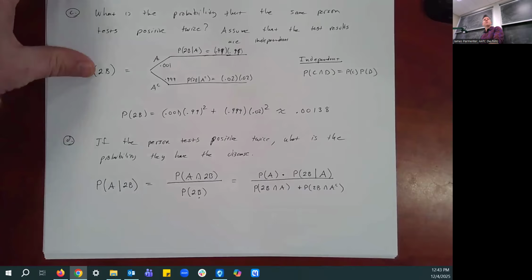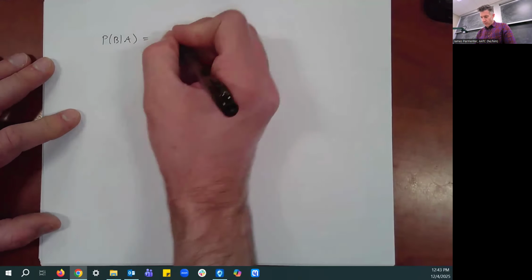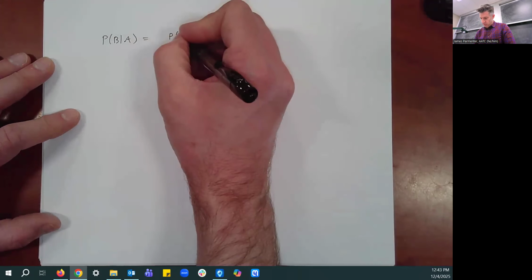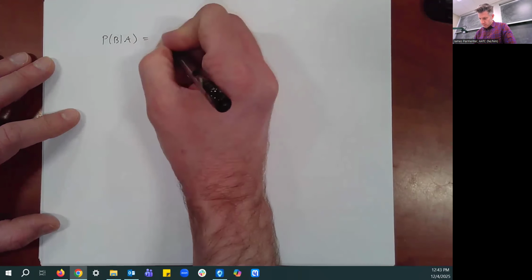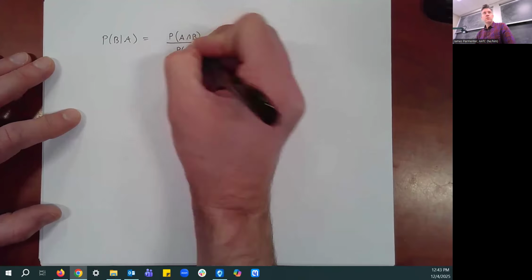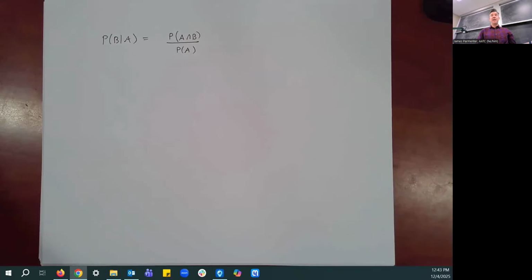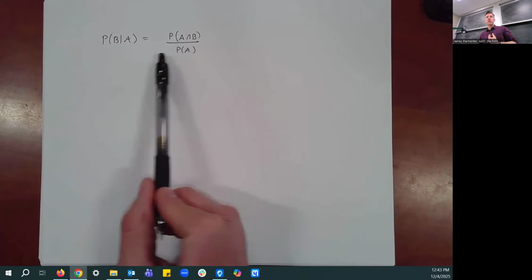Let me give me a second here. Here's what I would say. Here's what we're starting with, and then I'm writing it like this, as one would typically. Whenever you're finding conditional probability, that is where you should start, I think. It doesn't matter which order you write the intersection.